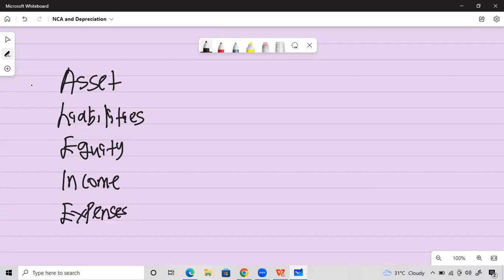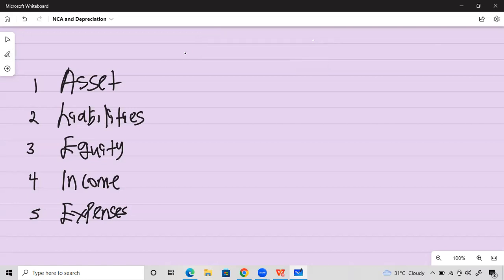So these are the 5 elements of financial statement, meaning that all accounting transactions can be categorized into 5. Either it is asset, liability, equity, income, or expenses.